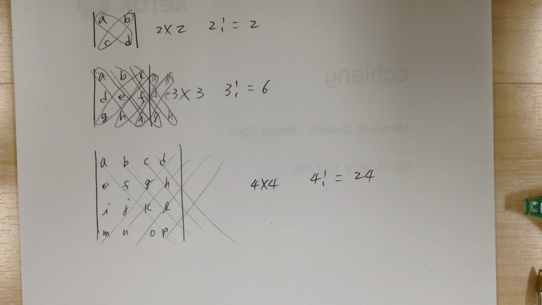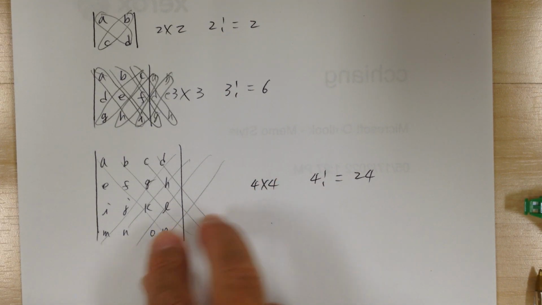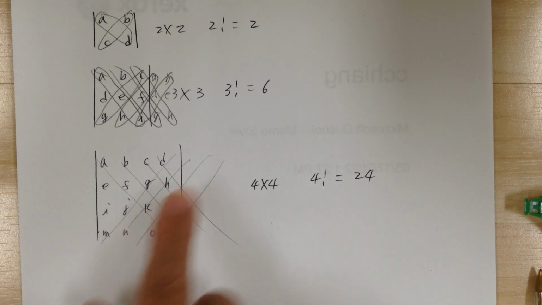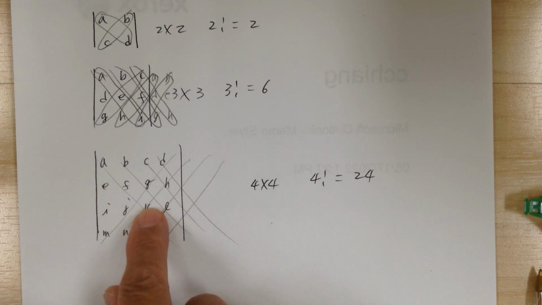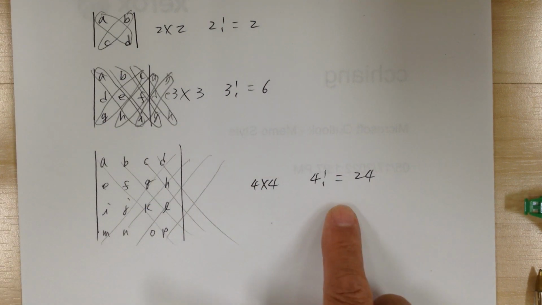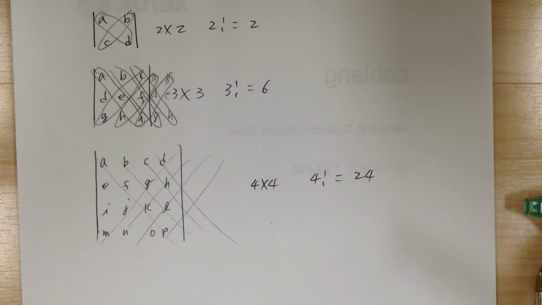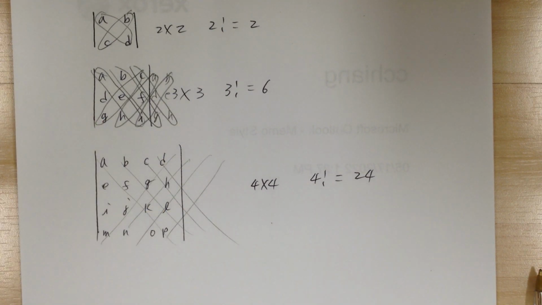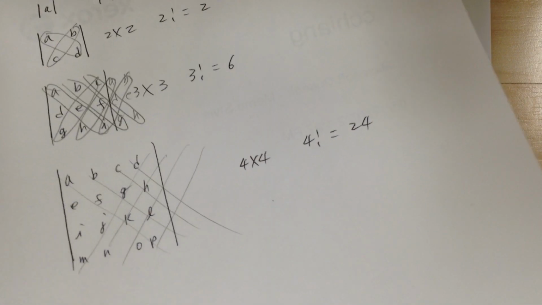So we're going to go over some examples of how to do the expansion by minor, and you will use that technique when you have the 4 by 4. So again, do not do diagonals for 4 by 4 because you're going to miss 16 of the permutations. With diagonals, you only get 8 out of 24. Okay, so let's go over how the expansion by minor works.